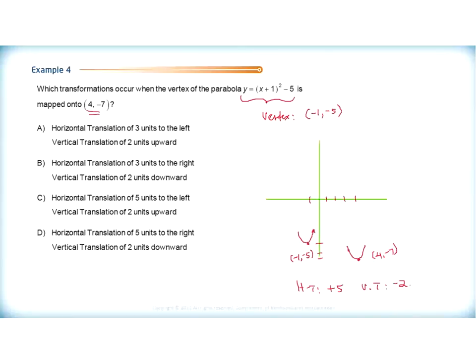Horizontal translation of 5 units to the right and a vertical translation of 2 units down. The correct answer is D. Again, you just need to think about this point. It's moved 5 units in that direction from negative 1 to positive 4. And it's been moved down 2 units because we started at negative 5 and we moved it down to negative 7.